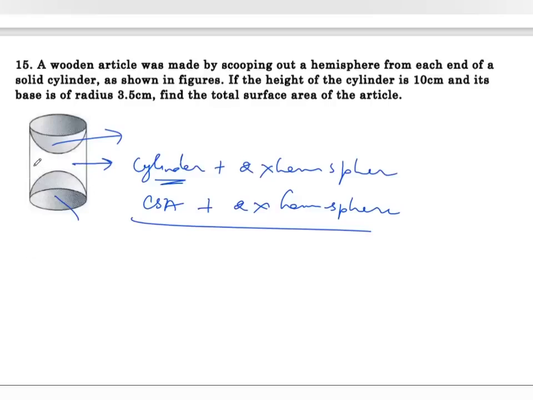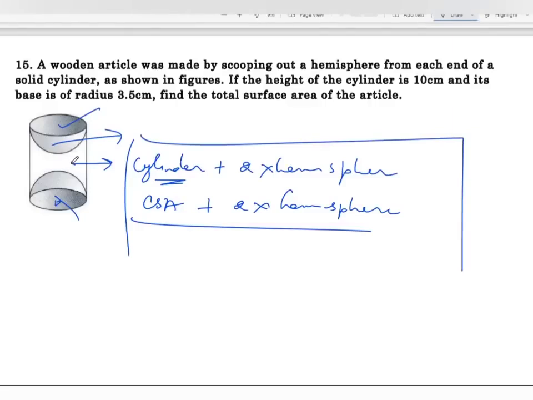You should not use the TSA formula, because the top portion and bottom portion are replaced by what? The hemisphere, which is scooped out. Therefore it is just the curved surface area of cylinder and 2 times the curved surface area of the hemisphere. What is the solution for this?